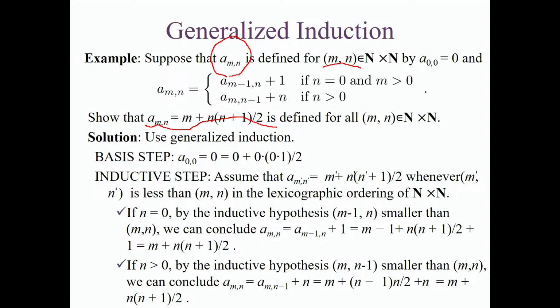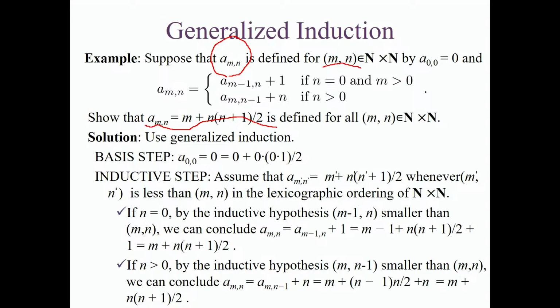On the other hand, if n is larger than 0, we need to use equation 2, right? For equation 2, (m, n minus 1) is also less than (m,n) in the lexicographic ordering, because x1 equals x1 and y1 is less than y2. So this pair of numbers has lexicographic ordering less than (m,n).